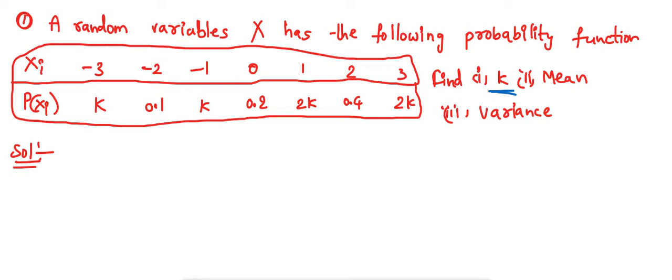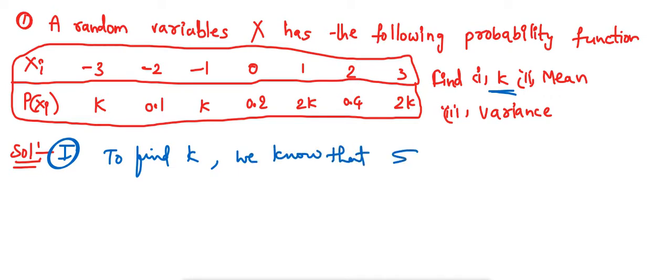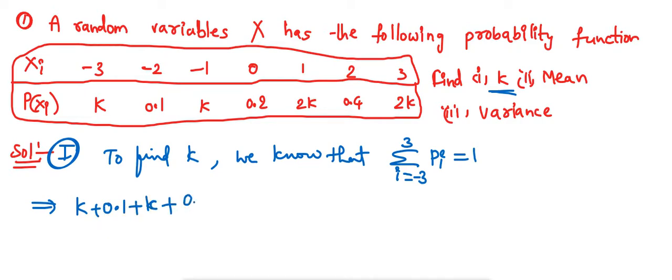We know that for finding the unknown value k, we have the relation sigma pi for i equal to minus 3 to 3 is equal to 1. From this we can write k plus 0.1 plus k plus 0.2 plus 2k plus 0.4 plus 2k equal to 1.